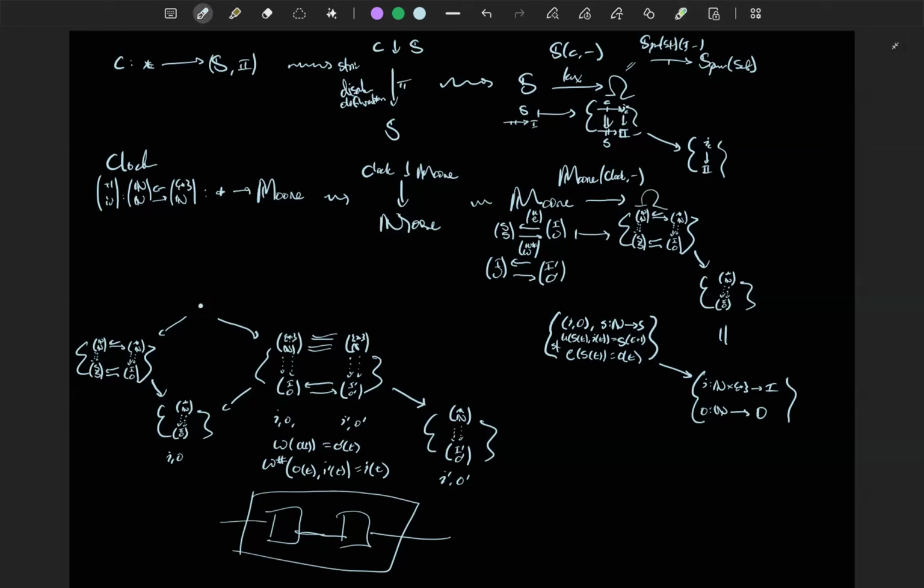Now, there's another thing we can do, which is we can consider the behavior of the composite, which I'll put up here. It's N to S. But now we compose inside.